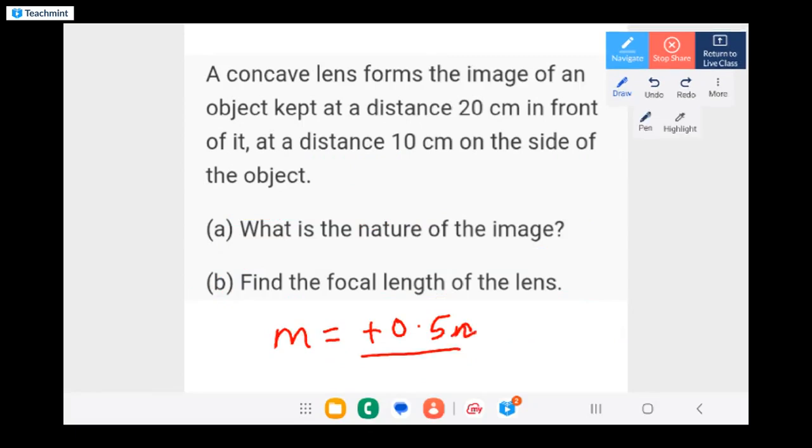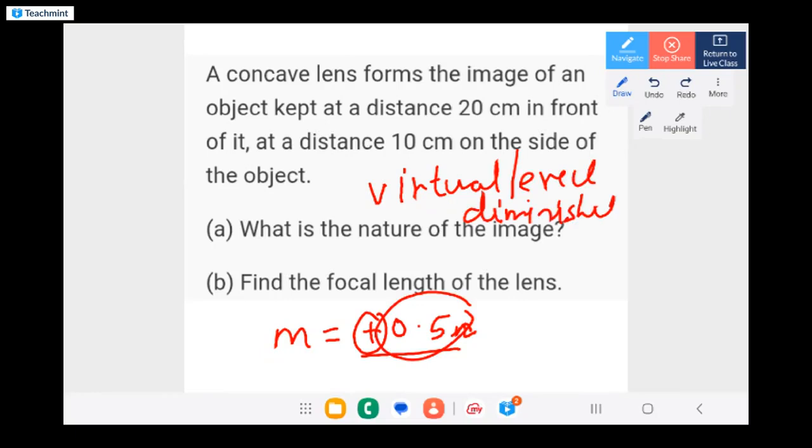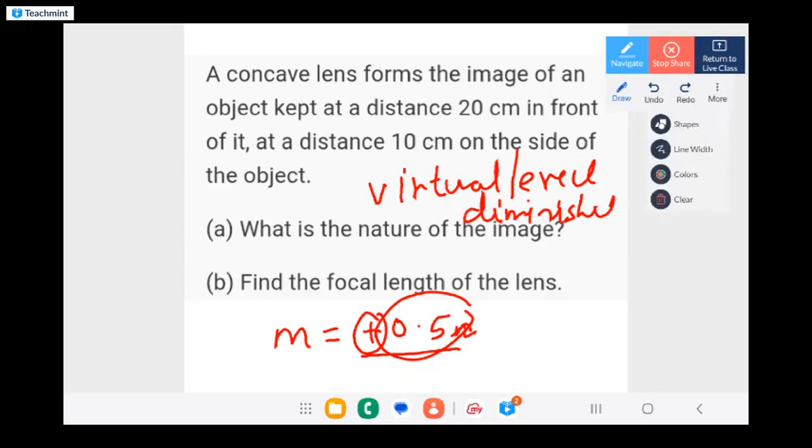So what is the nature? Positive tells it is a virtual, erect image. And 0.5, what you get to know from that is diminished. Correct, it's a diminished image. So this way you can predict the nature. Everyone write that down, the nature part, and then go to the next question.